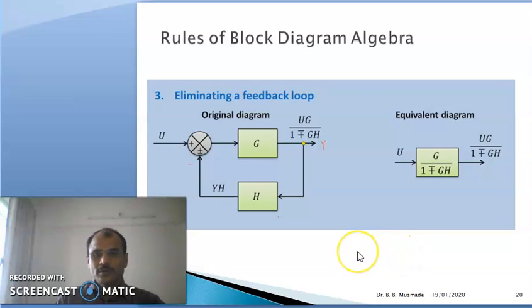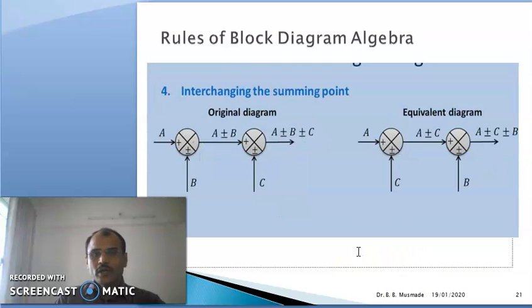Okay, the next interesting rule is interchanging of summing points. Suppose summing points are one after another. For example, A and B informations are approaching the first summing point.